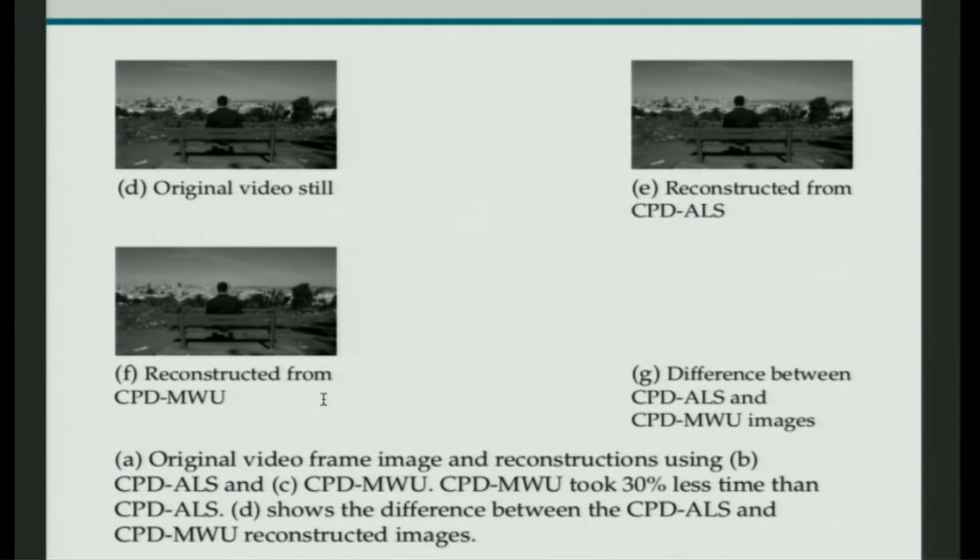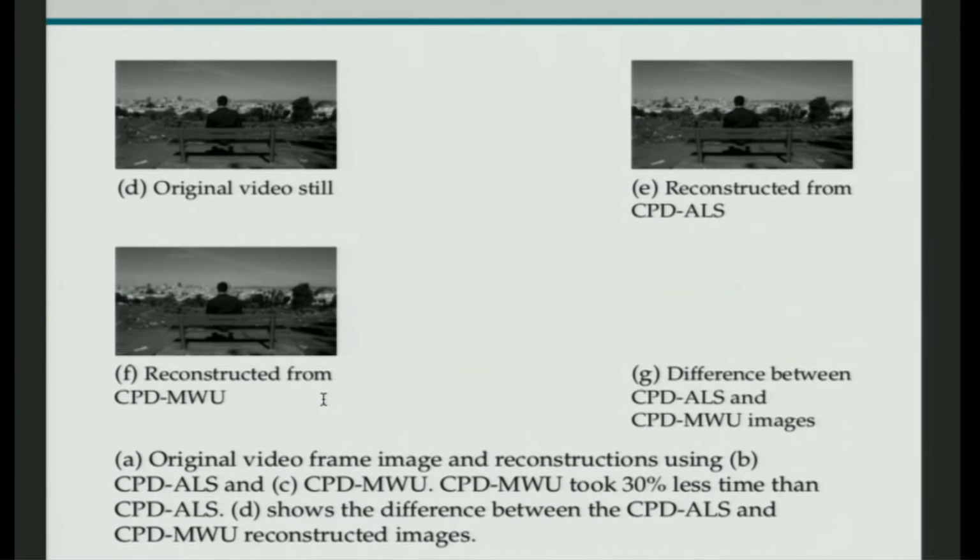Okay, here's an example from a background subtraction data set. It's a video of a guy sitting on a bench in the park, and the idea is that he's static and some of the stuff in the background is static as well. So when you do your tensor decomposition, it will subtract out the static stuff, right?